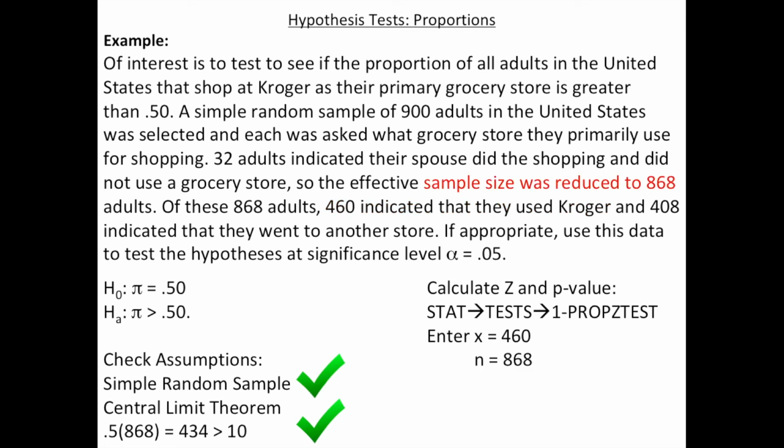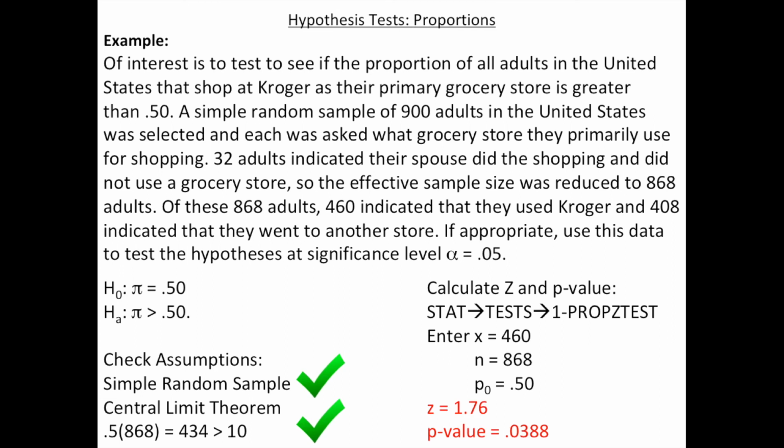Our sample size was 868. And then p naught in your calculator is the value that you're testing, which for us is 0.50. This is the number that is stated in the hypothesis. Once you enter all of these values, you can also enter the type of test that you are conducting, and your calculator should give you a z-score and a p-value.